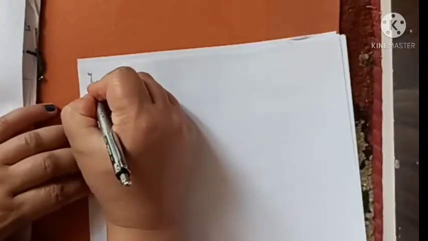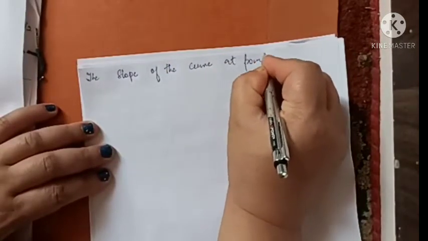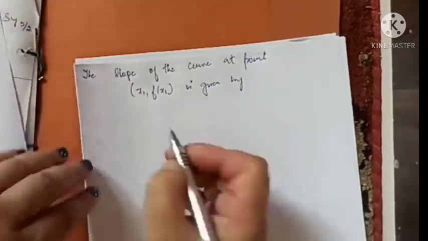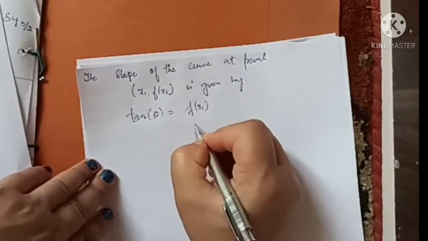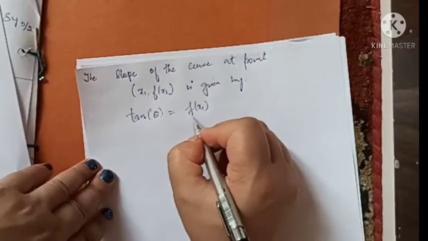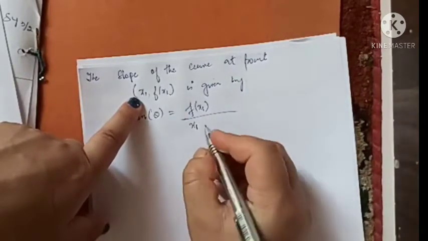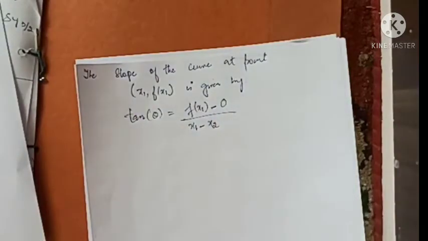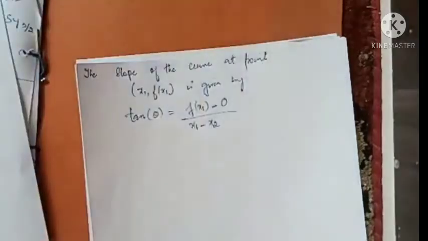If we look at the derivation, the slope of the curve at point x1, f of x1, is given by, right? We know that slopes are basically tangents, so it is equal to f of x1 divided by x1 minus x2. When we drew the slope it was up to x1 minus x2. Here f of x2 is not there, so we can take the value as x0. Why did we take this value as x0? Because when we draw the slope it cuts the x axis, and at this point we have not calculated any other value, so we took it as 0.